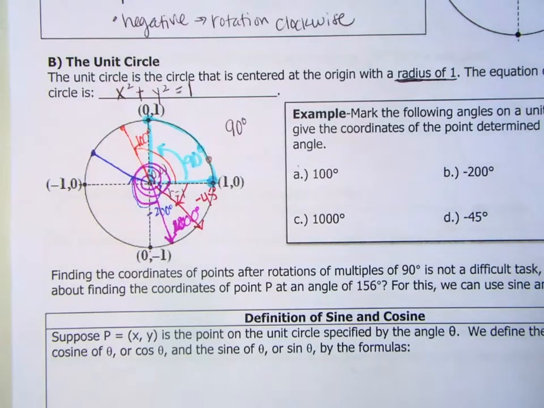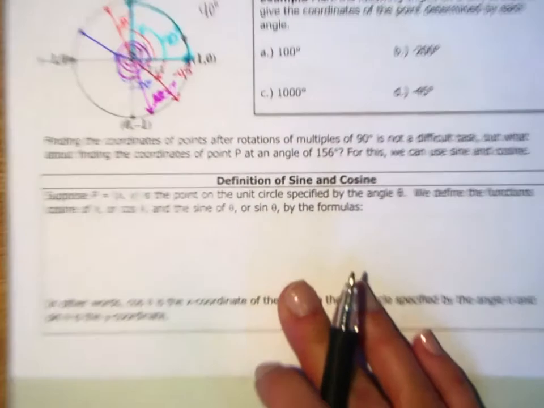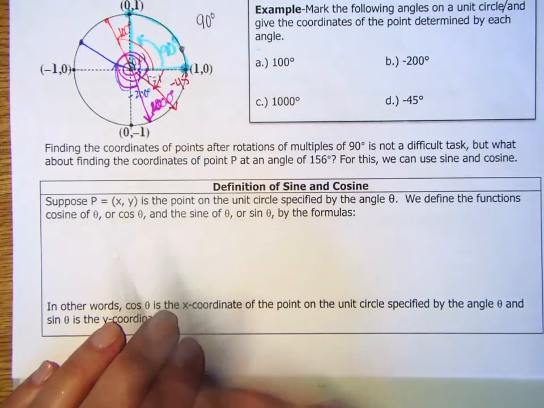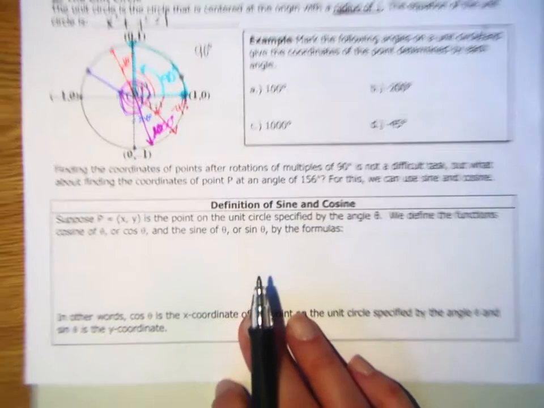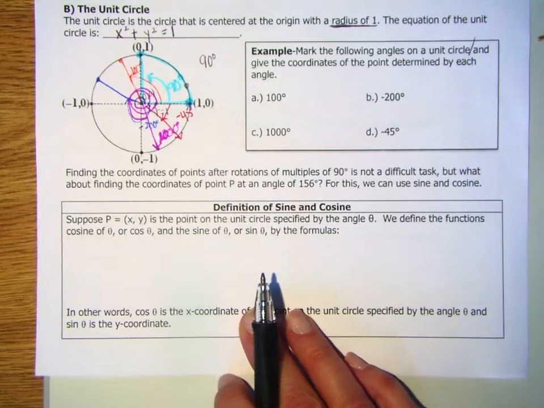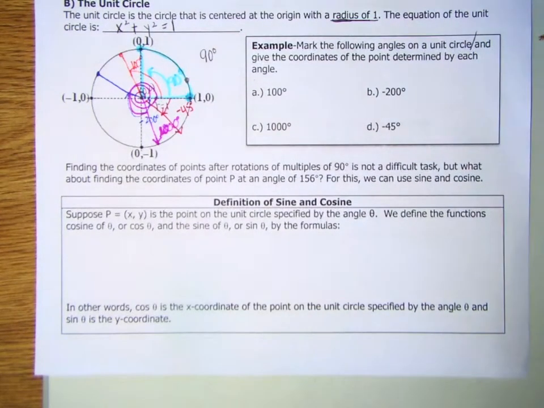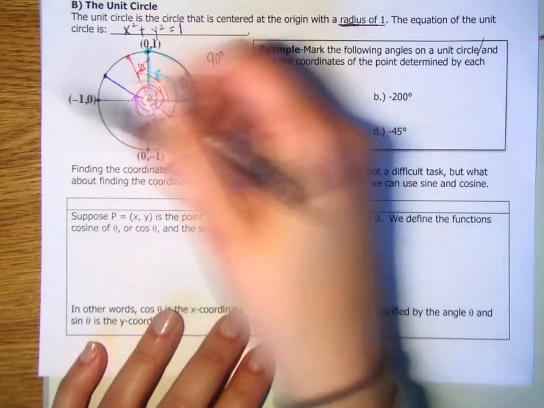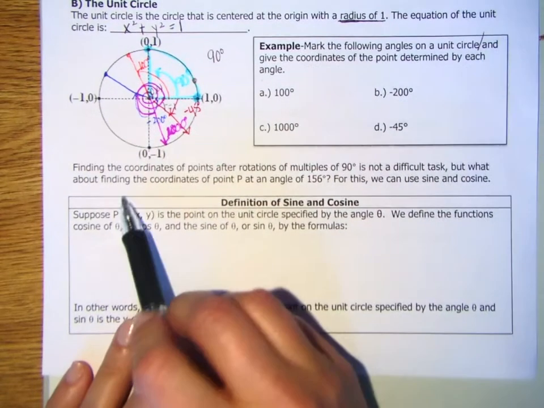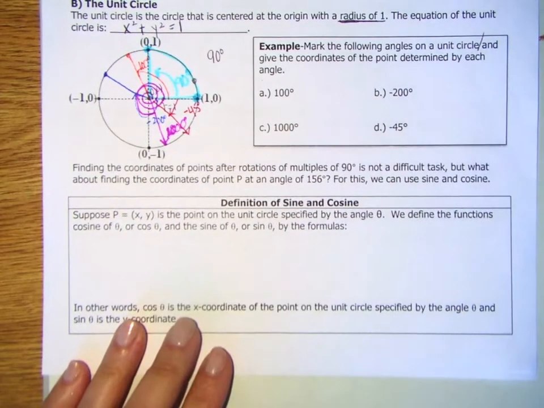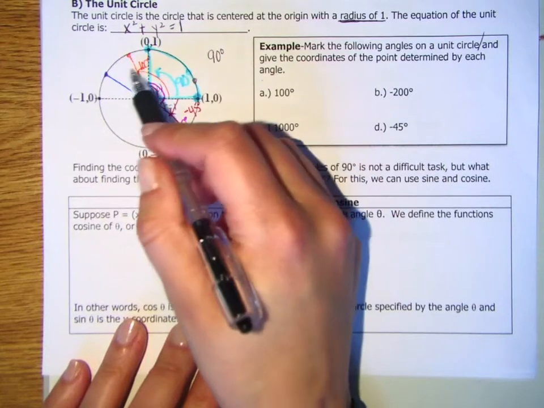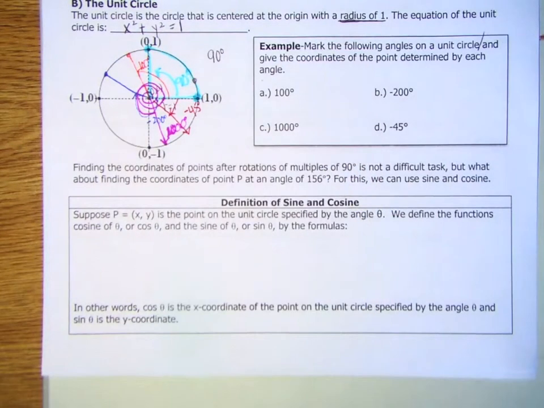All right. So here's the next big thing for this lesson. Like I mentioned, finding coordinates of points after rotations of 90 degrees or multiples of 90 degrees is not hard because those are your 0, 1, -1 points. But what about finding coordinates of point P after a rotation of 156 degrees?